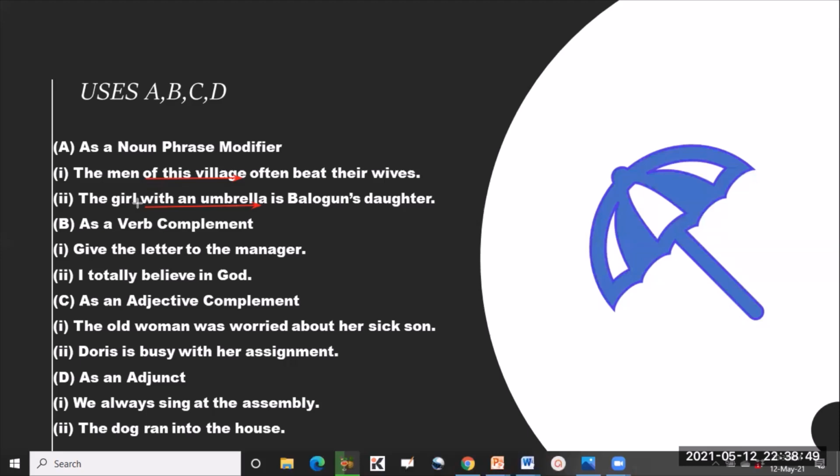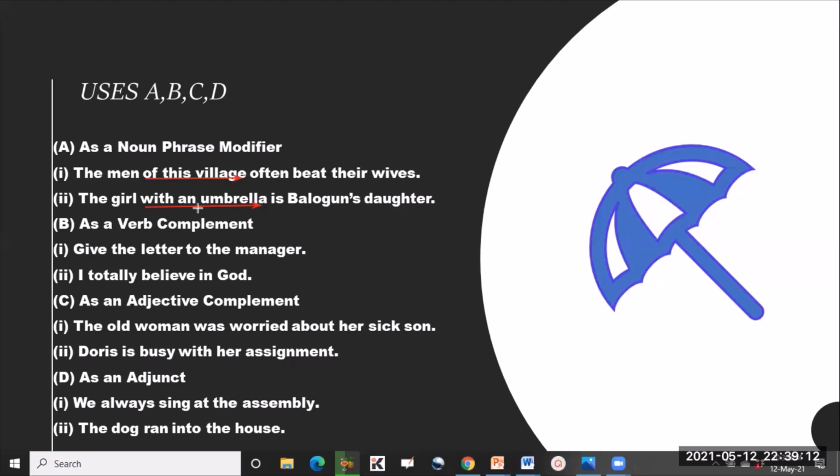And then with an umbrella answers the question, which girl are you really talking about? I am talking about the girl with an umbrella. So with an umbrella identifies the girl we are talking about, describes the girl we are talking about, and that is what makes it an adjective phrase.